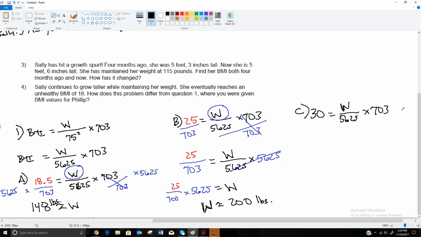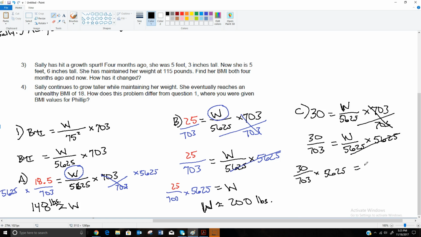Times 703. To get rid of the 703, I'm going to divide. So 30 divided by 703. And that'll cancel. And I have W over 5625. To get rid of the 5625, I'm going to multiply since it's a division. And so I have 30 over 703 times 5625 equals W. And you notice it's the same process each time.